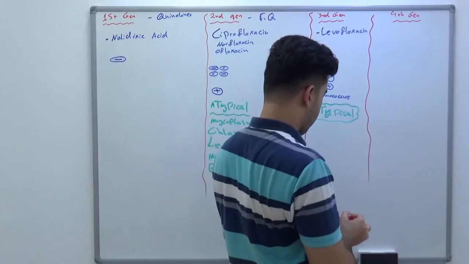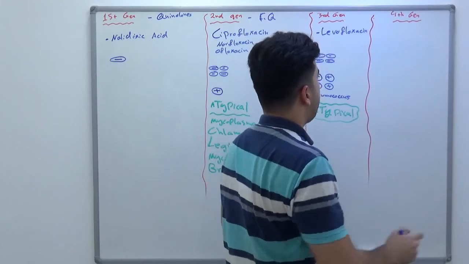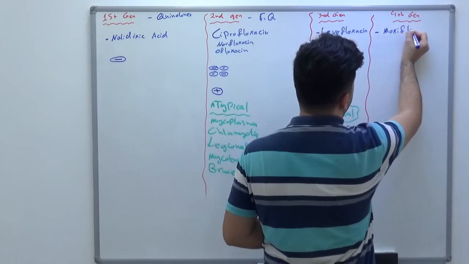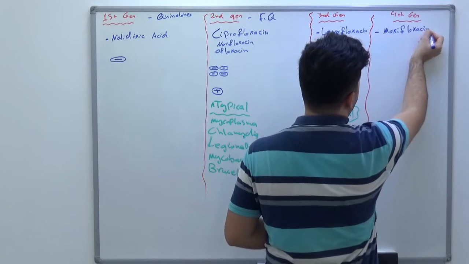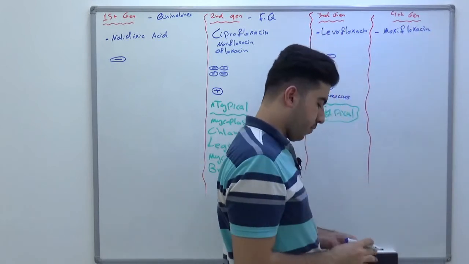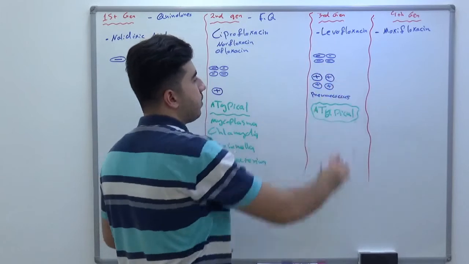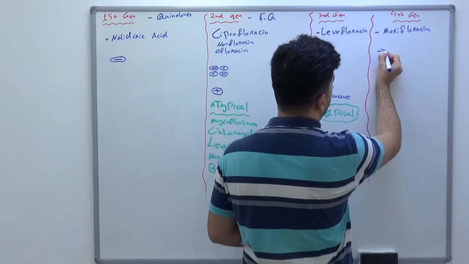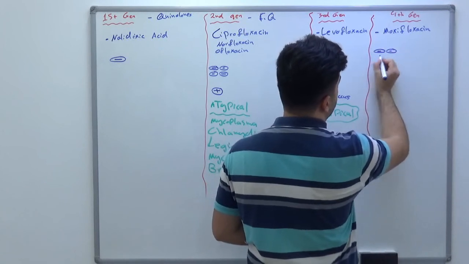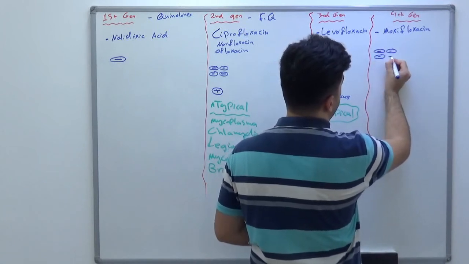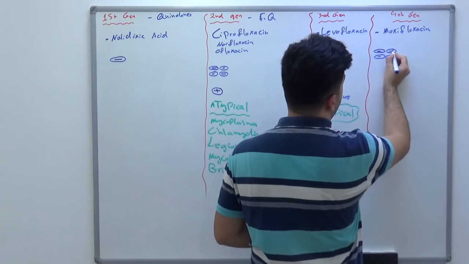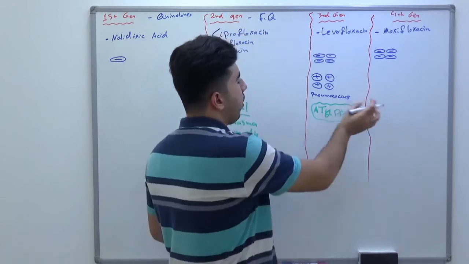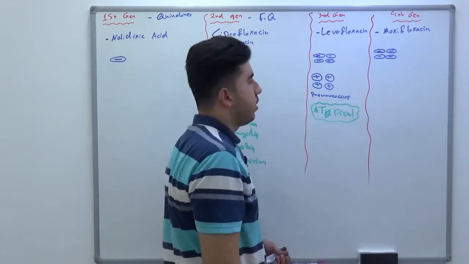What's the example of the fourth generation? Fourth generation, most importantly, moxifloxacin. Okay, moxifloxacin is retaining the gram-negative activity of what? Of levofloxacin and ciprofloxacin. Moxifloxacin is also active against many gram-negative rods and even more effective against gram-positive cocci and pneumococcus.